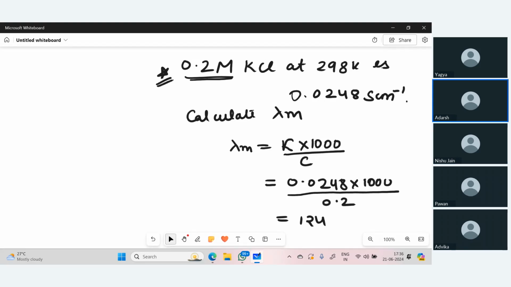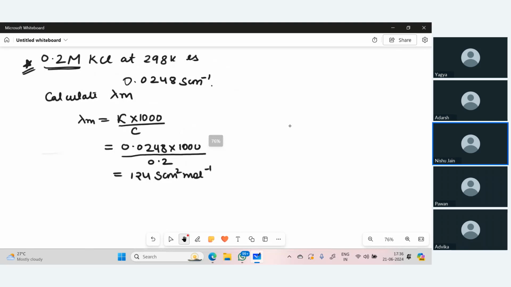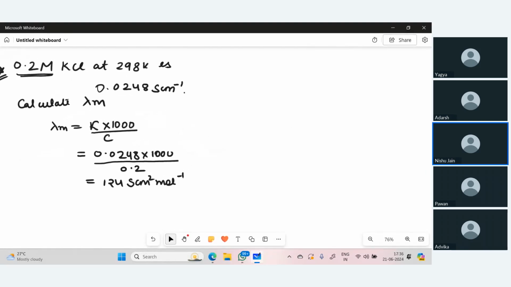S into centimeter square and mole inverse. So like this you have to solve.